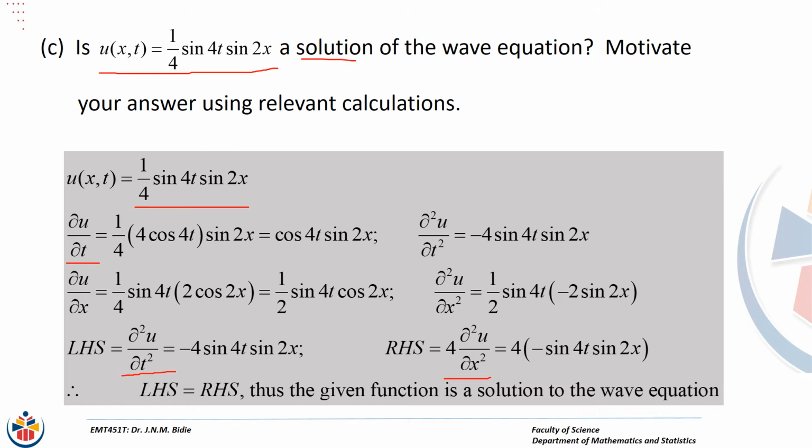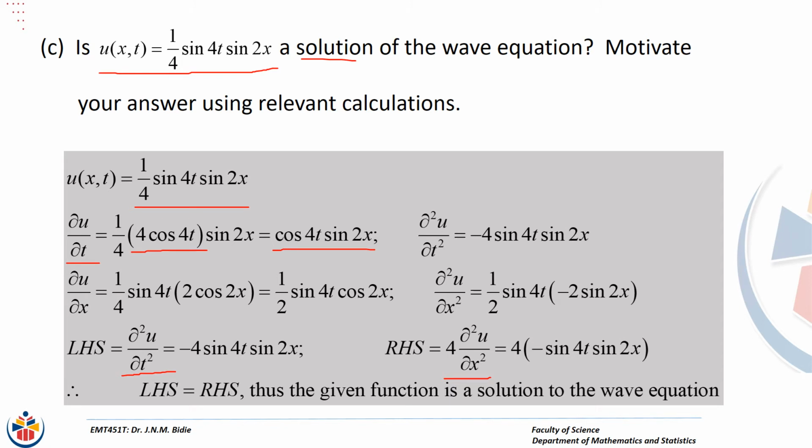Hence, I wrote here 1 over 4 because it's a constant. We take it out anyway. And then in brackets, I gave you the derivative of sine 4t, which is 4 cos 4t. And then took down sine 2x as it is because it's not affected. And then simplifying, we got cos 4t sine 2x.